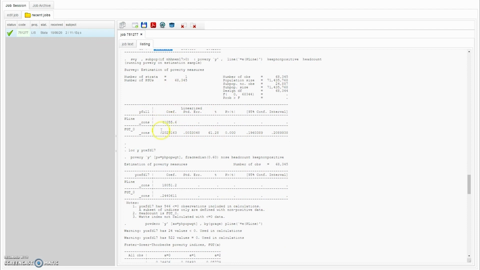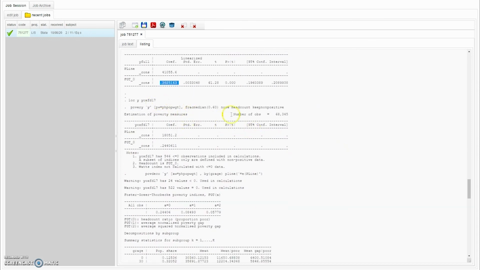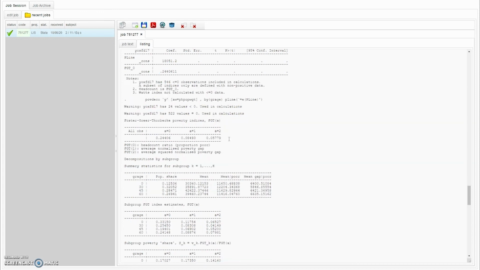And as it goes, well, we still have a decline in the child poverty rate by having those larger assumptions about economies of scale. Again, that's not unexpected. And I will let you run this script and look for yourself what happens with alternative economies of scale.